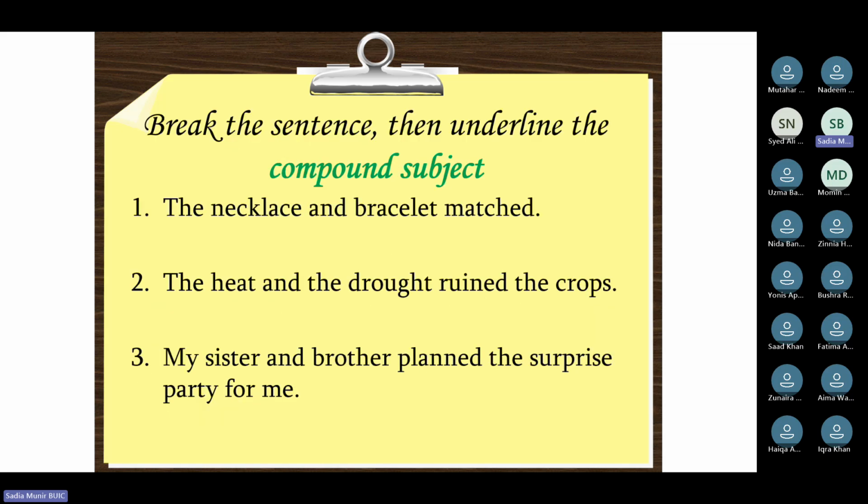Tell me if you can identify in the first sentence: of course, the necklace and bracelet matched. So can you identify the compound subject in it? Necklace and bracelet. Bilkul. The necklace and the bracelet, because necklace and bracelet both are nouns and they are co-joined with and. The necklace and the bracelet, the entire phrase, is the complete compound subject.